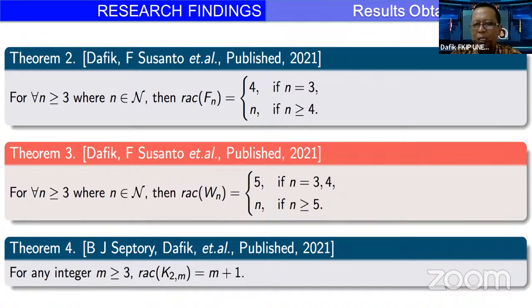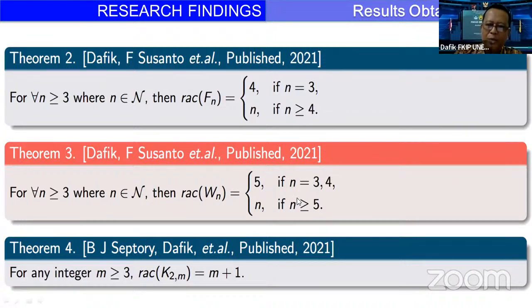Sometimes we couldn't say for all orders; sometimes we should distinguish between a specific order and the other orders. For fan, we have n equal to 3 and n greater than or equal to 4.